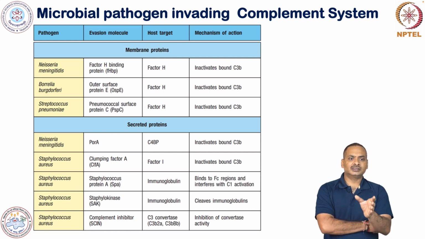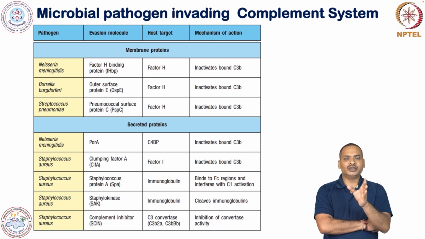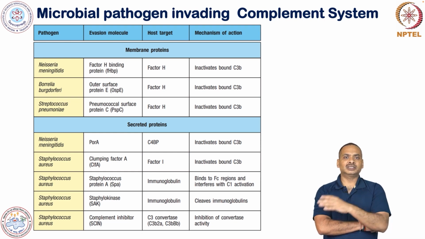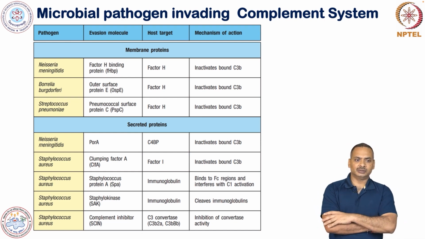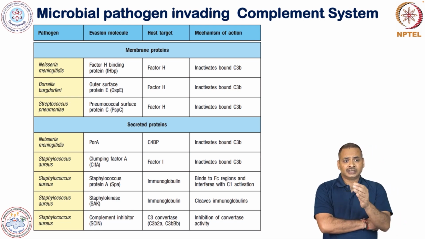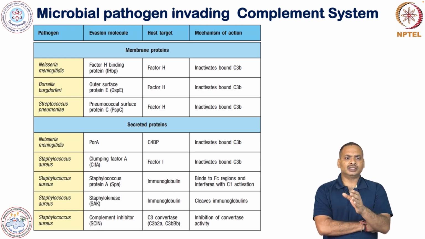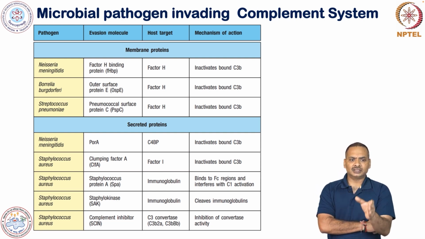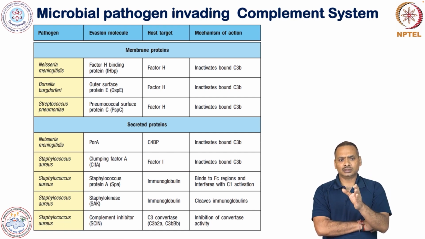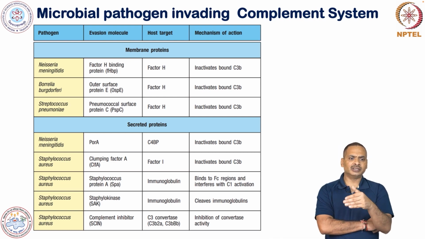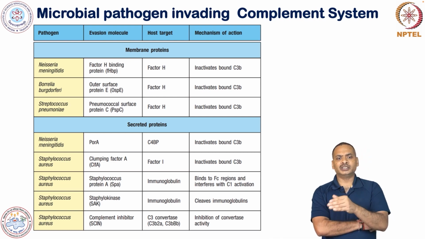Staphylococcus aureus has clumping factor A, which basically binds with factor I and inactivates bound C3b. Staphylococcus aureus also has other proteins: staphylococcal protein A, staphylokinase, and a complement inhibitor.